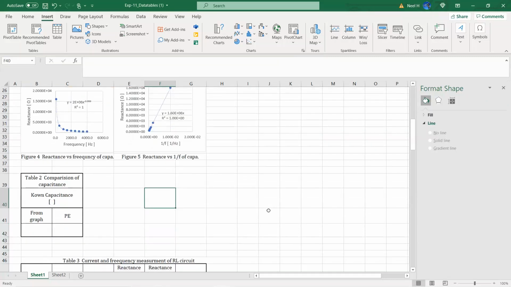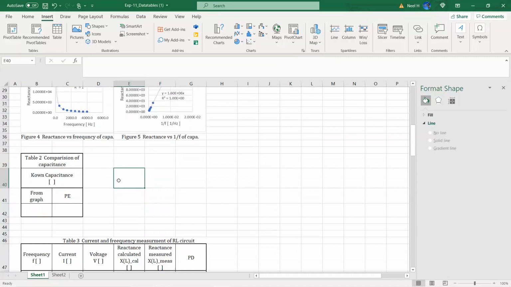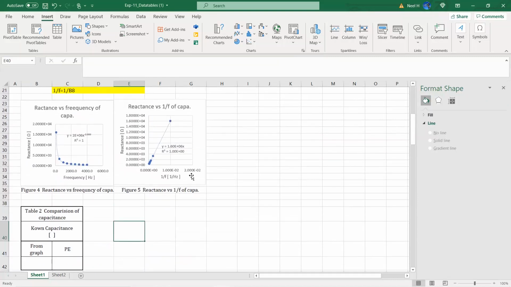All right, then we'll continue on to table number 2. In that case, we will try to measure the capacitance by using the graph, okay? So that's a very simple calculation because if I use this graph, then we know this is going to be a y equals mx type graph, where m is the slope, and we're using the reactance as a function of 1 over frequency, right?